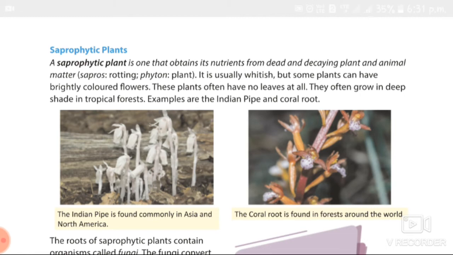See here, some plants have brightly colored flowers, but some plants are whitish. Normally it is whitish only. So here we studied that these plants feed on dead and decaying plants. We learned the examples mushroom as well as fungi. So fungi are also examples of saprophytic plants.